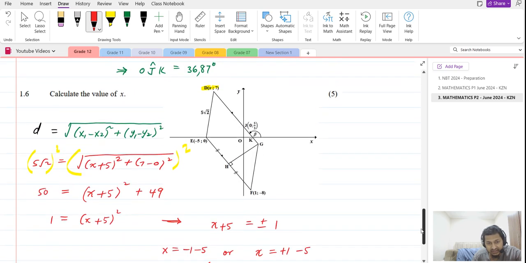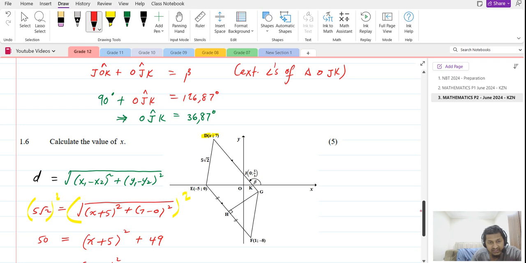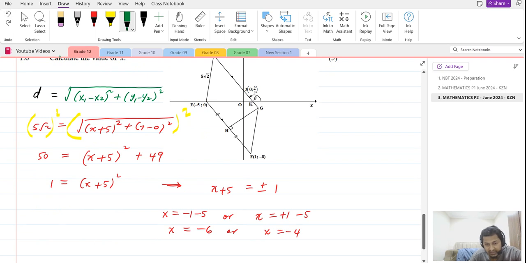So which one do you think is going to be the value of x, negative 6 or negative 4? As you see here, this is already negative 5, and they said ED has a positive gradient. So the value of x can't be less than negative 5. It has to be more than negative 5. So the value of x equal to negative 4 works.